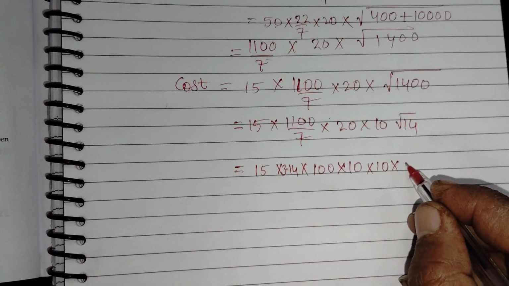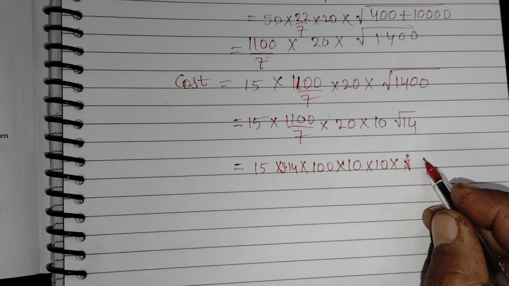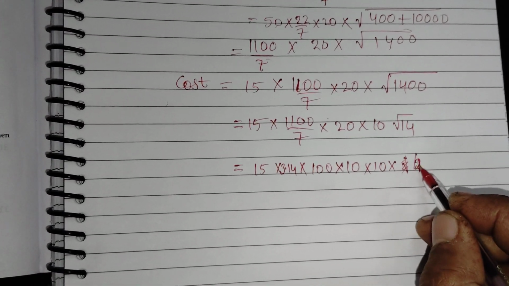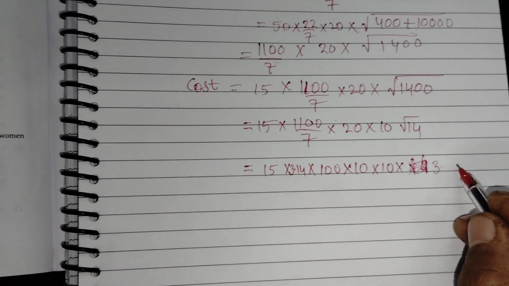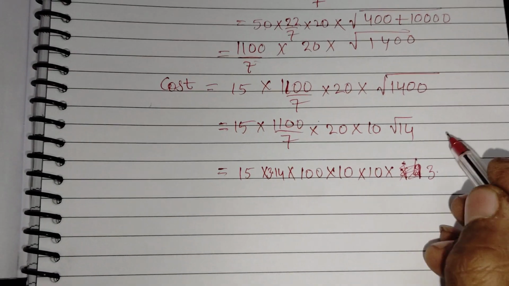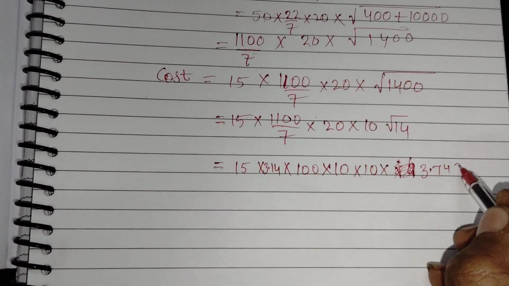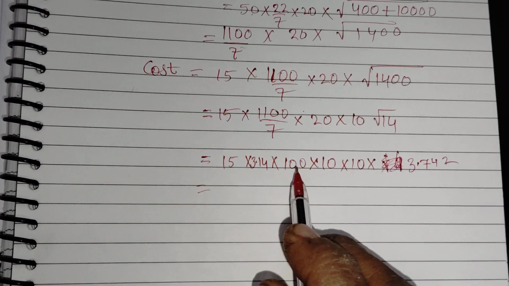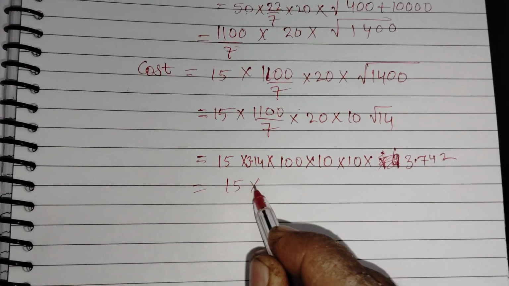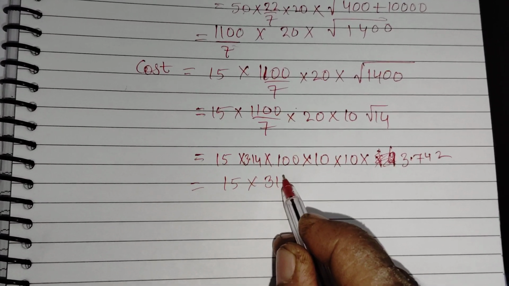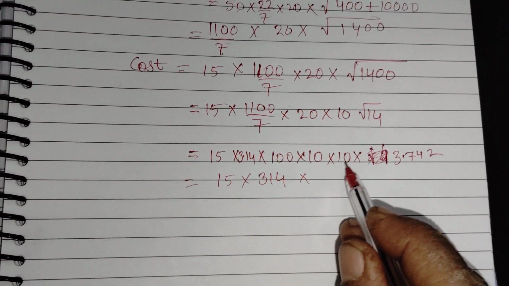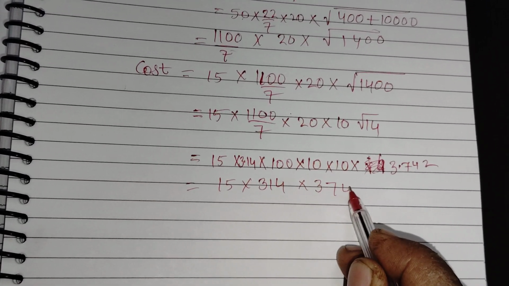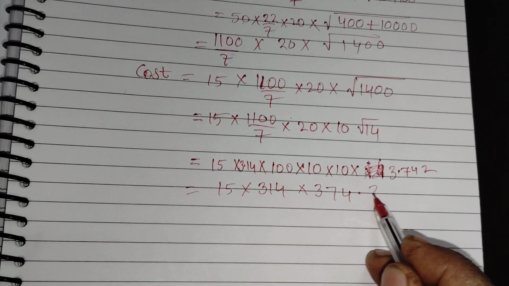We know the value of under root 14 is 3.742, and multiplying all the numbers we get: 15 into 100, remove the decimal of 314, it becomes 314 with 2 decimals, and similarly 10 multiplied, remove the decimal, it gives us 374.2.